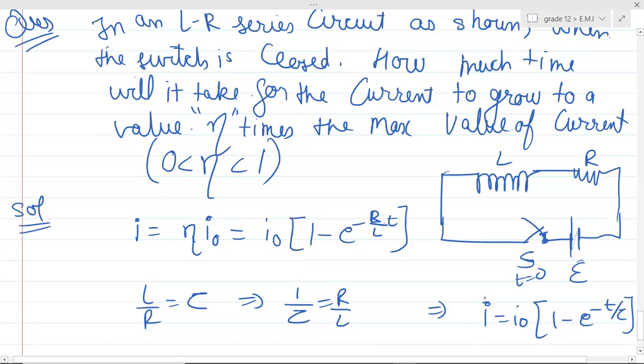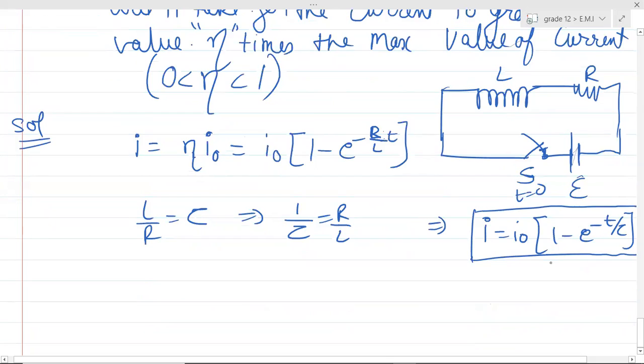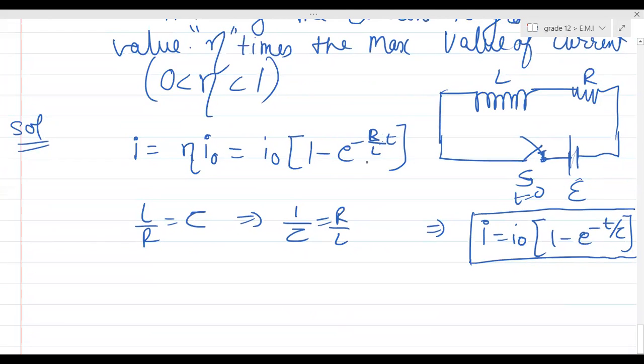The same formula I can write for RC circuits as well. Do you remember Q is equal to Q naught into 1 minus e to the power minus t by RC? Yes, sir. So I can write RC as tau, so minus t by tau. Same thing. Anyways, now solve it.